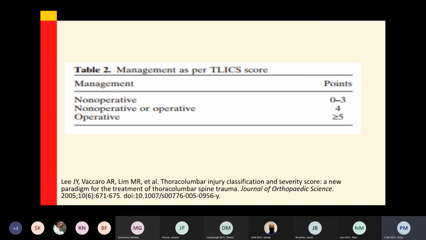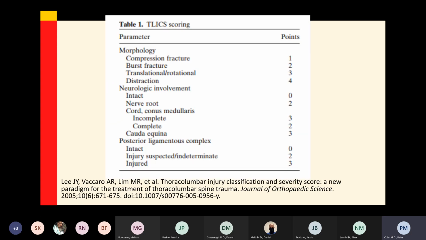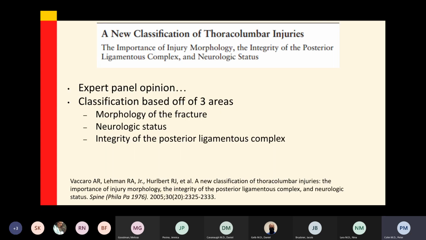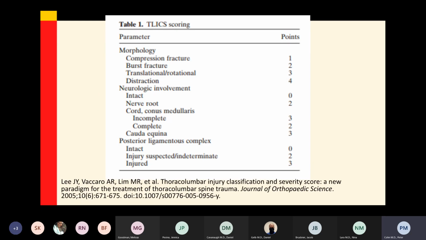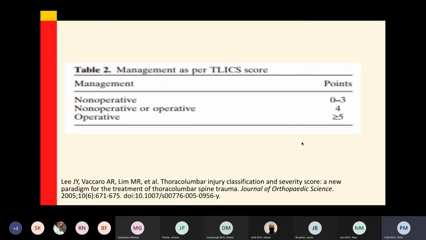Some of the critiques of this classification system, or maybe not critiques, but the importance of the system, is the value that it places on that posterior ligamentous complex, even if there's only an indeterminate or suspected injury. Particularly with burst fractures that are often stable or deemed stable, you can very quickly move them into an operative category with that suspicion.